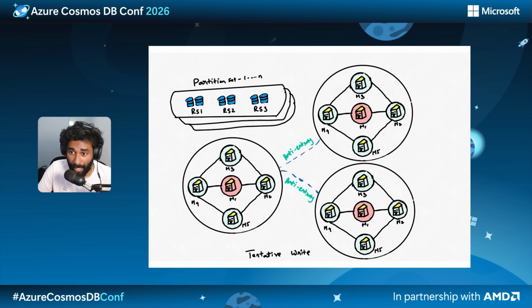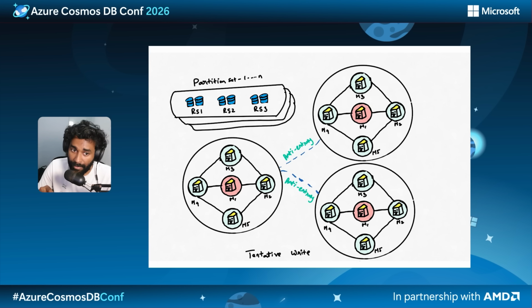So far, what we have seen is replication within a single region, but Cosmos DB allows us to do more than that: multi-region writes. This means applications from different regions can write to the database at the same moment, right? Imagine two users interacting with the system from different parts of the world simultaneously. Both regions may attempt to write to the same data partition.